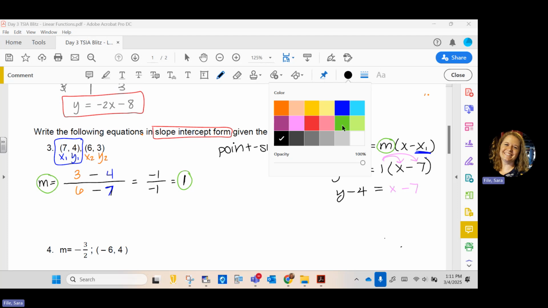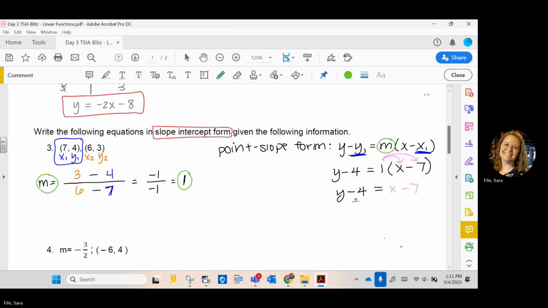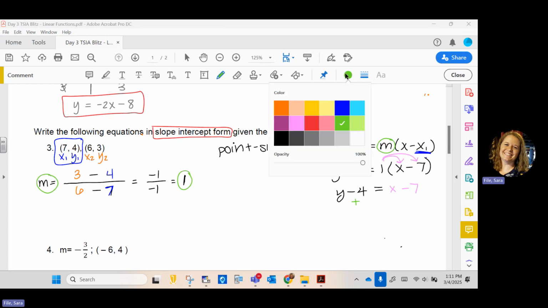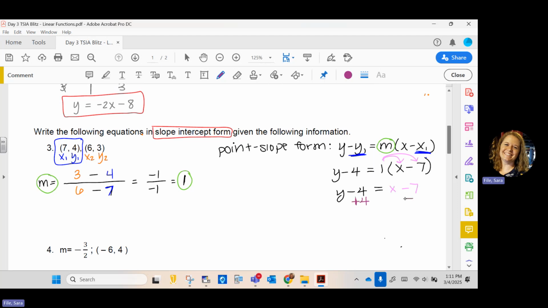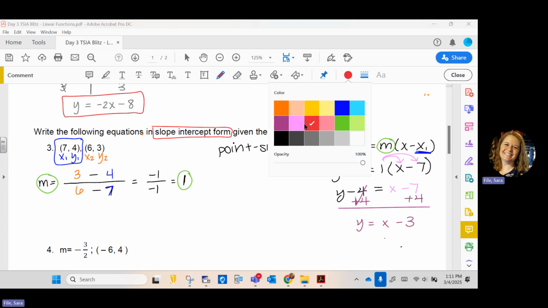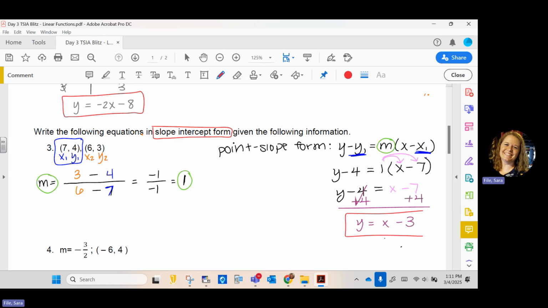Now I just need to move that term to the other side. I'm going to add 4 to both sides. And that's going to leave me with y equals x minus 3. And that is in slope-intercept form. That's y equals mx plus b form. Good?